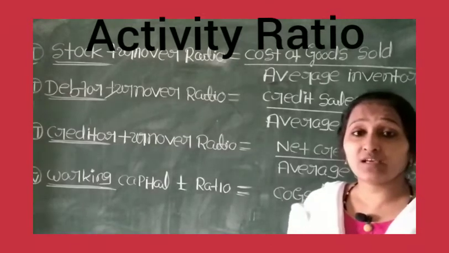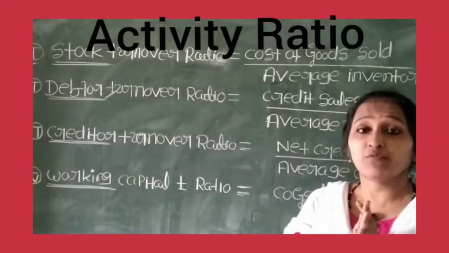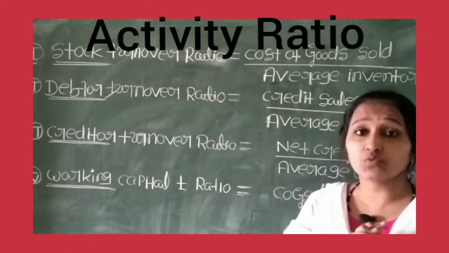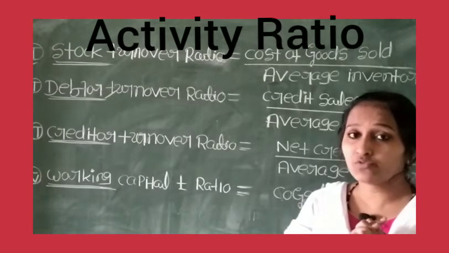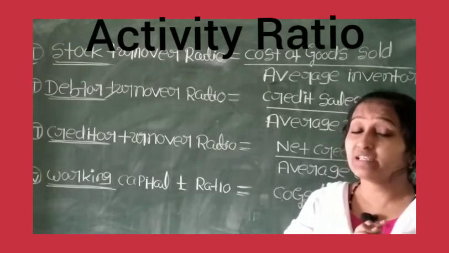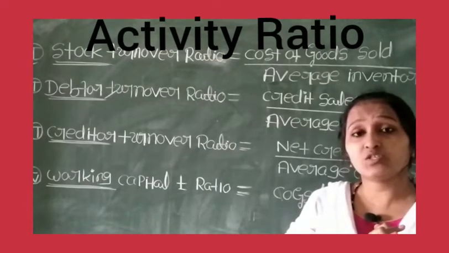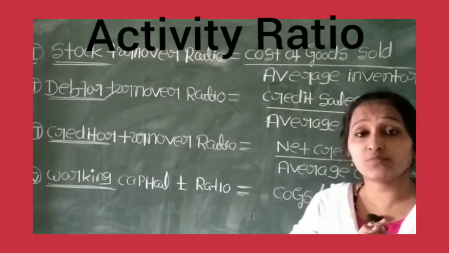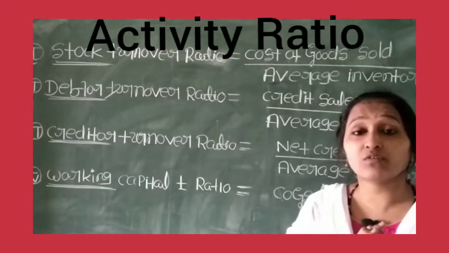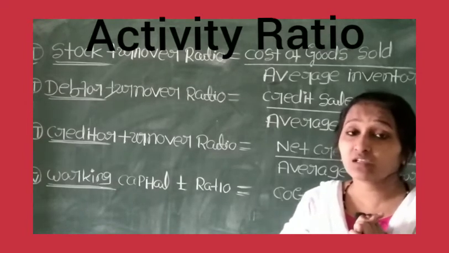In ratio analysis, keep one thing in your mind: you are supposed to go through the formula, remember the formula, and see in the question what information is given and what is not given. You are supposed to do the working notes based on the questions and the given information.